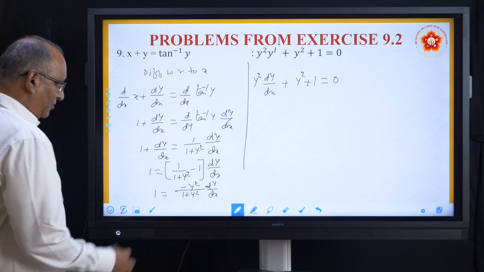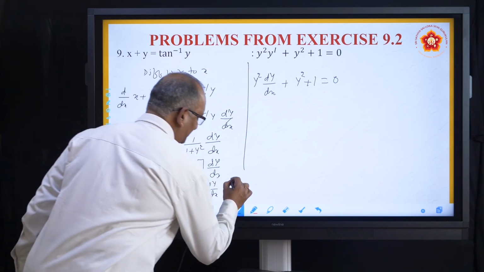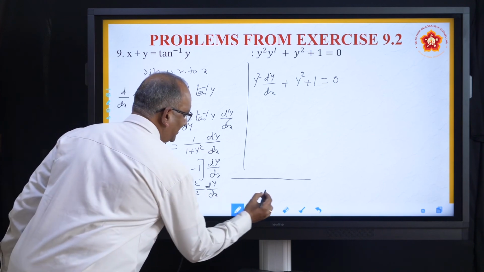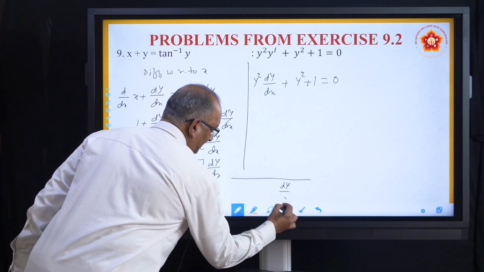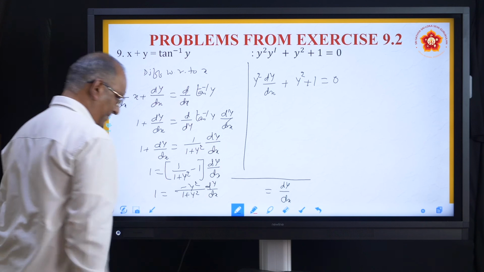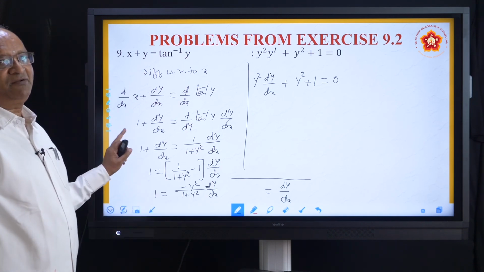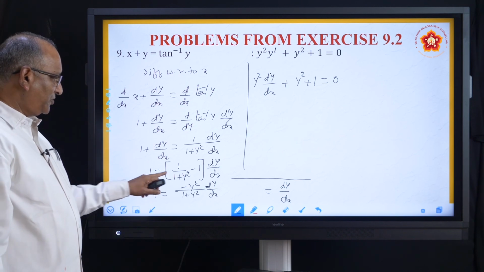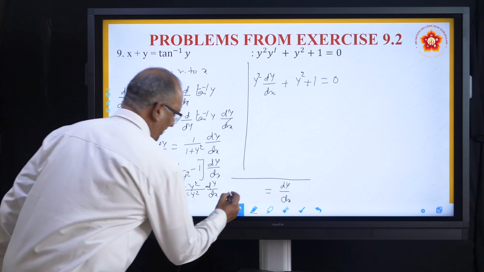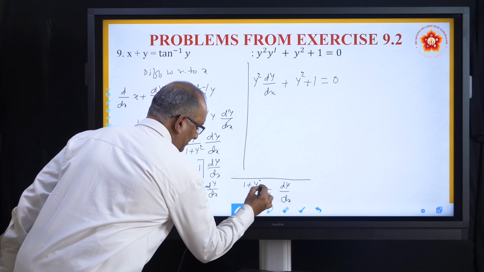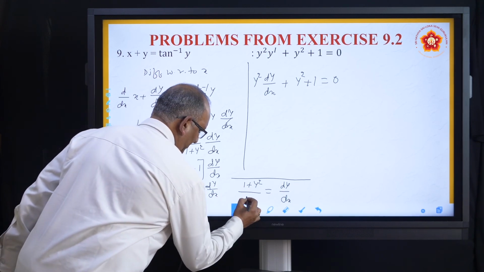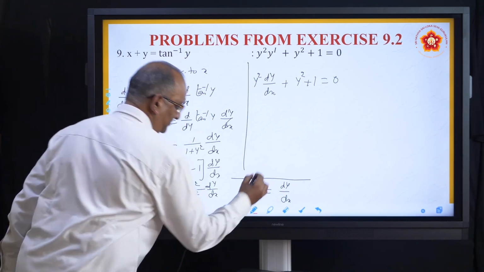That is, what is dy by dx? We can say dy by dx equal to, shift this to the other side. Whatever is in the denominator will come to the numerator, and whatever is in the numerator will come to the denominator. So you will have (1 plus y square) by minus y square.